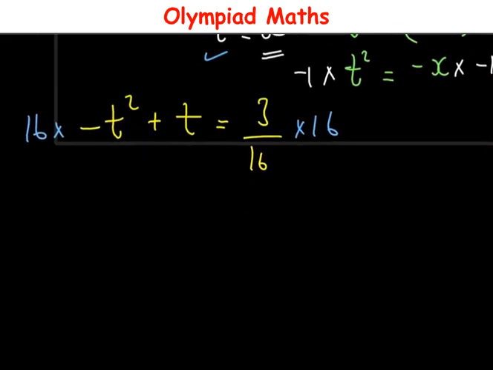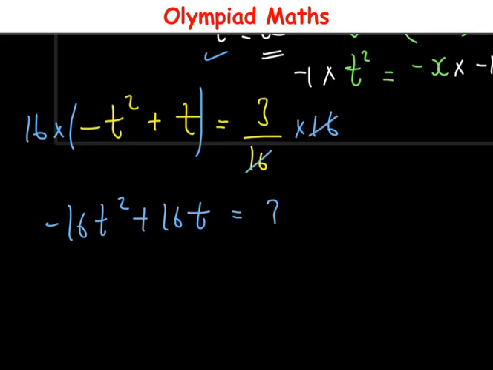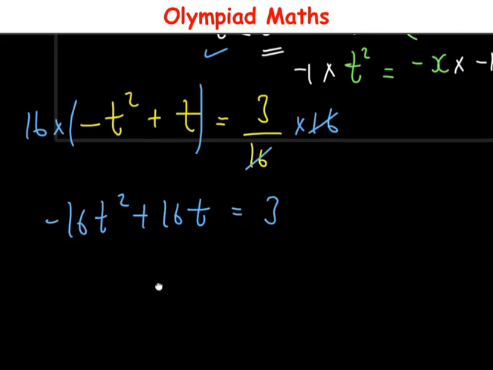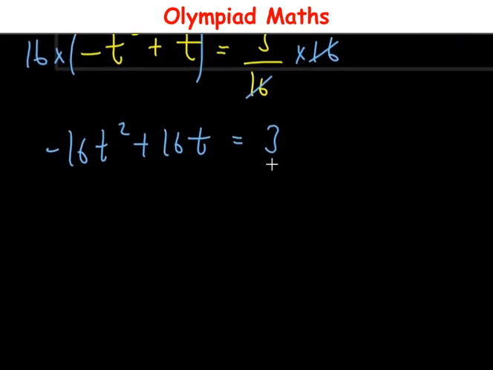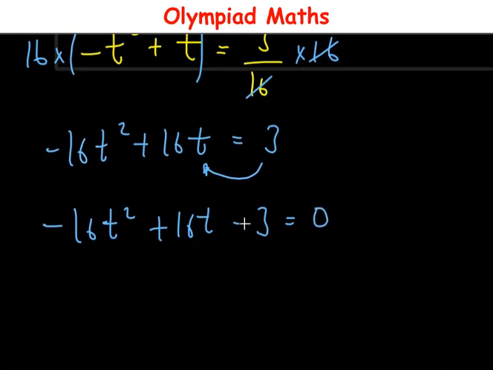With this, what we have is 16 times minus t squared is minus 16t squared. 16 times plus t is plus 16t, is equal to, 16 will cancel 16, we have 3. From here, we are going to move 3 over to this side, and this becomes minus 16t squared plus 16t minus 3 is equal to 0.